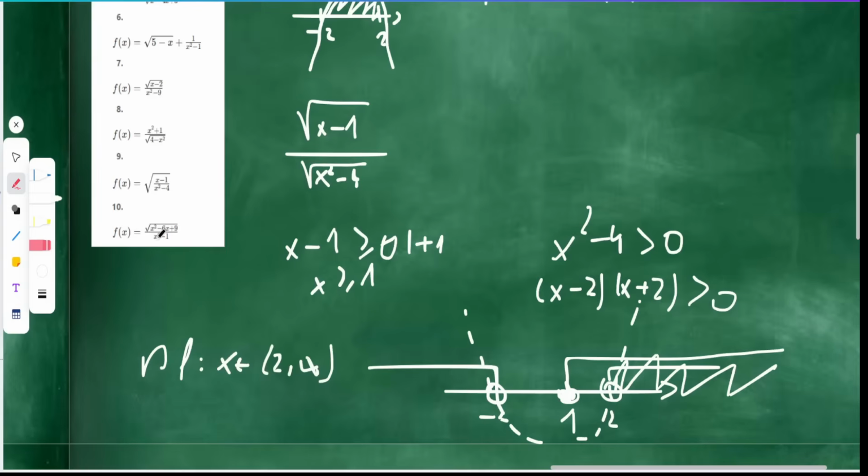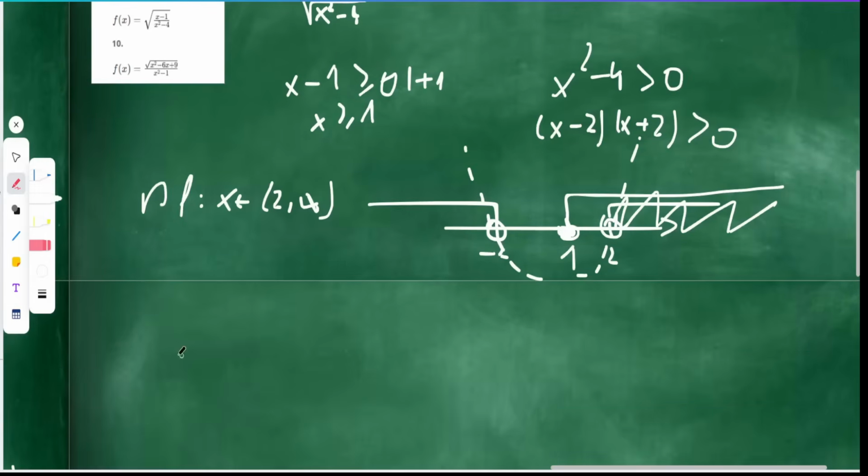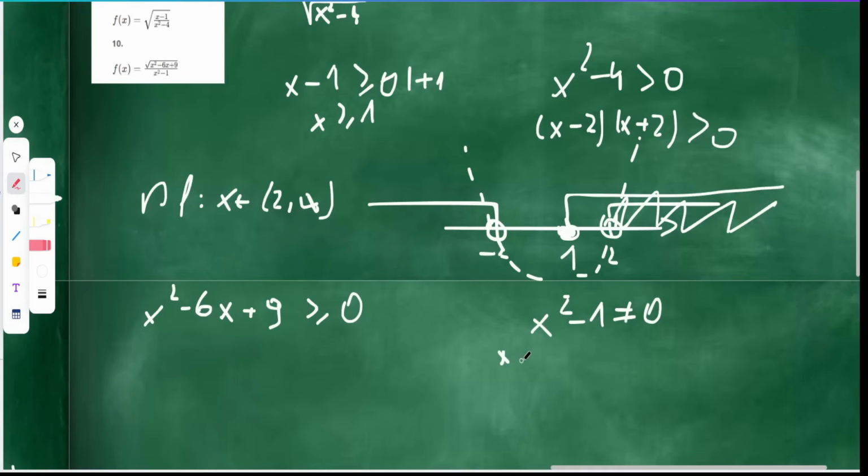And finally, we have the last task. We know that x squared minus 6x plus 9 has to be greater than or equal to 0. Besides, we know that x squared minus 1 cannot equal 0. From this equation after writing it out using the formula, it results that x cannot be 1 and x cannot be minus 1.